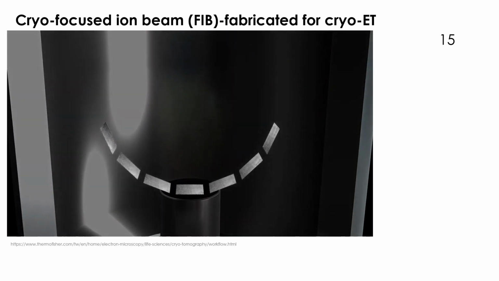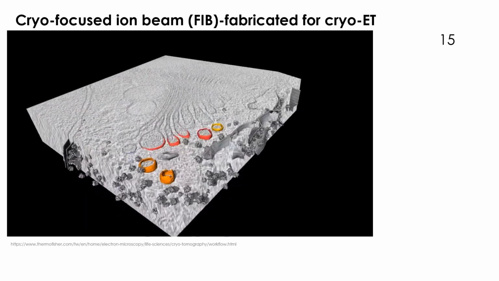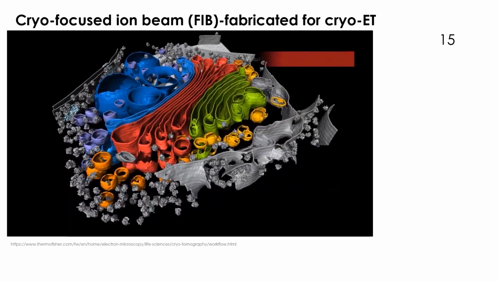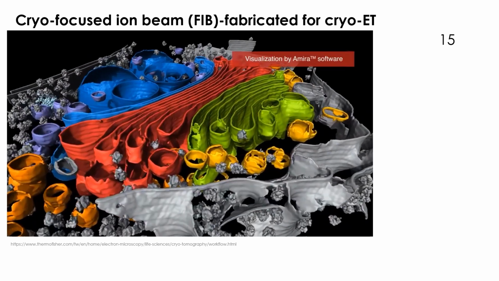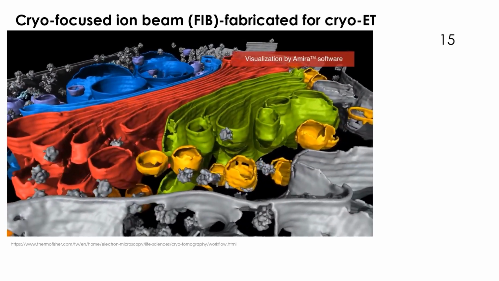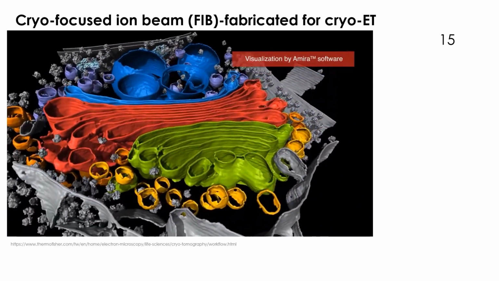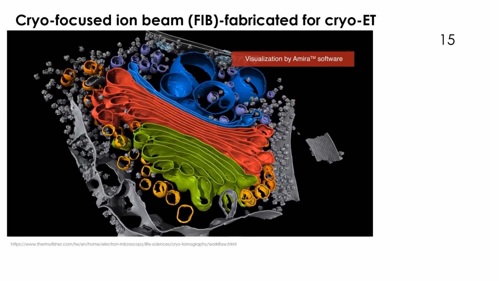Finally, the images are combined by computer into a 3D tomogram. The tomogram is a snapshot of the preserved hydrated cell interior, where protein structures can be explored in their native environments.